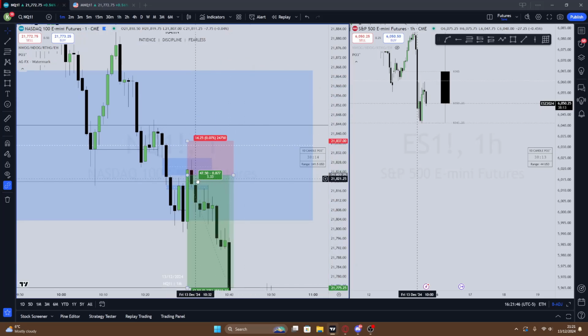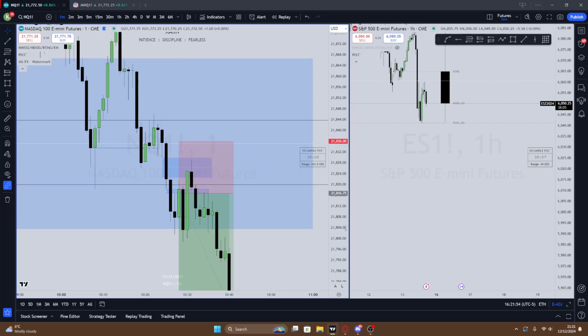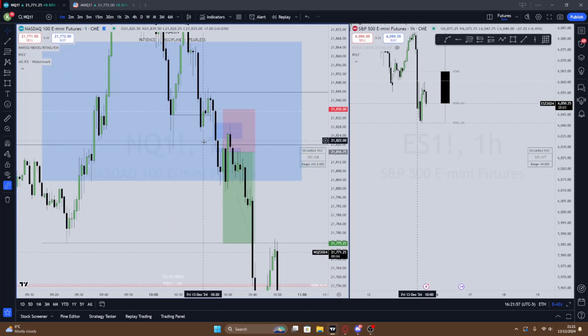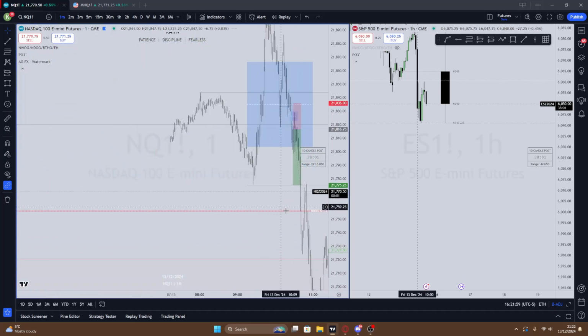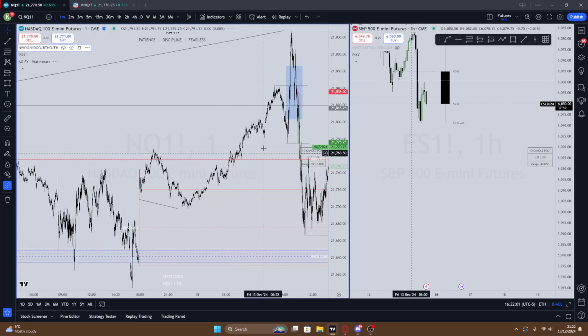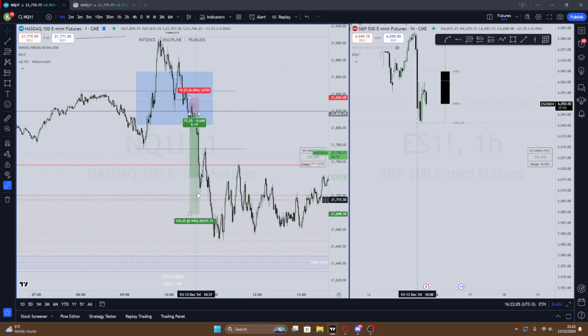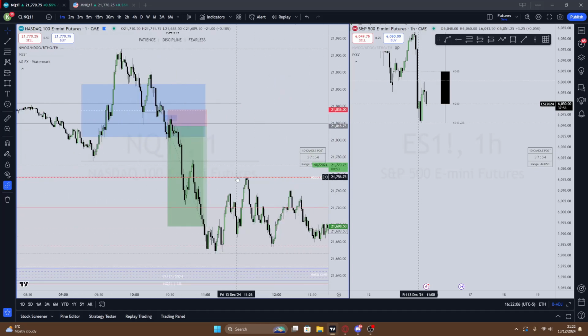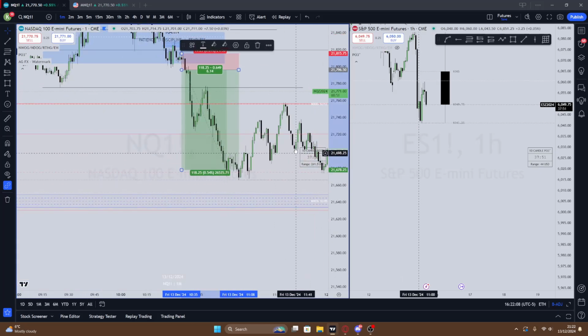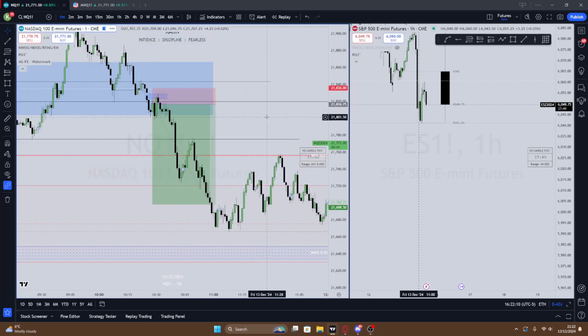So technically my mistake probably was not about this entry, but rather this stop placement, because if I had placed this stop there, then it would have been valid. And then TP would have been down there. That would have been good as well.